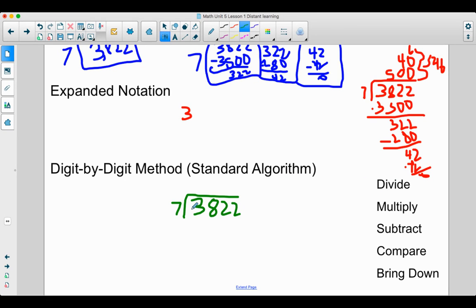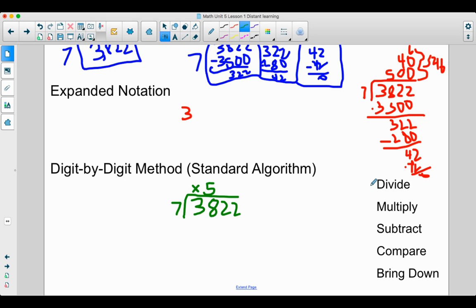Can I divide 3 by 7? I can't. What I like to do is put a little X there for now until I get better at it. And then I just move over and go 38 because we're going to start from the greatest, take out as many as we can first, so the greatest place values. 38 divided by 7. I think there's 5 7s in 38.